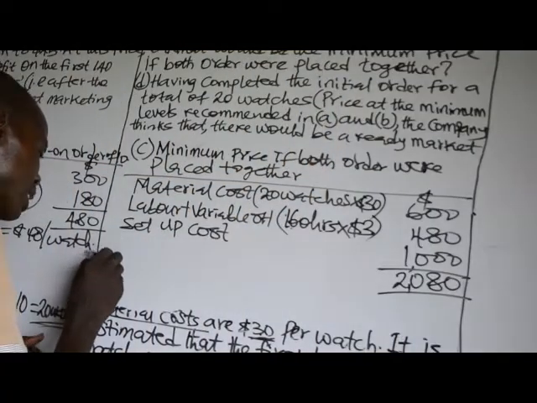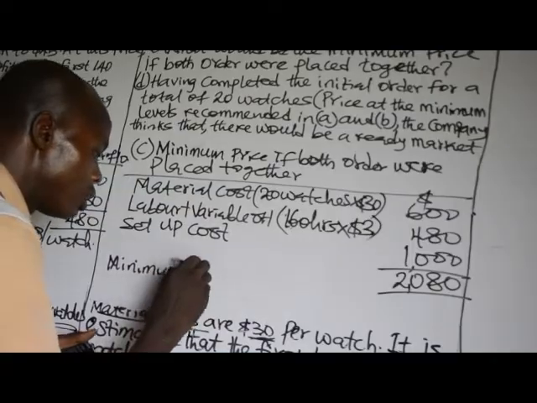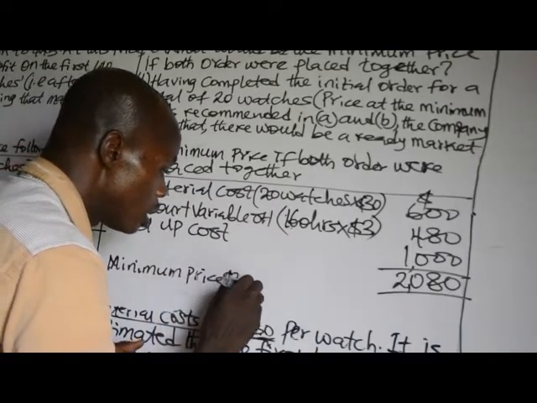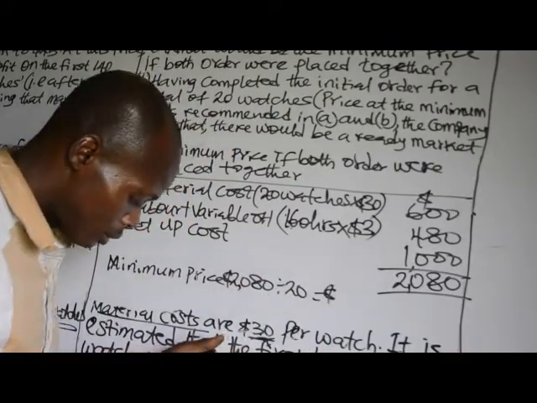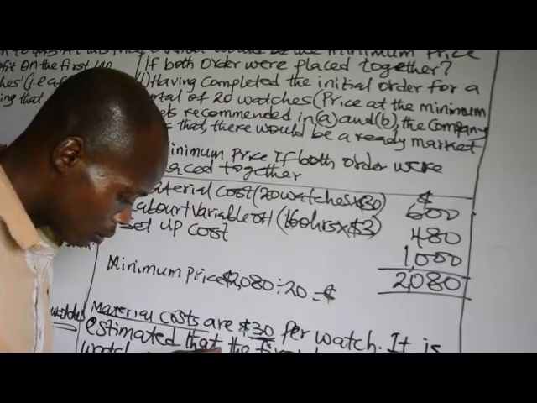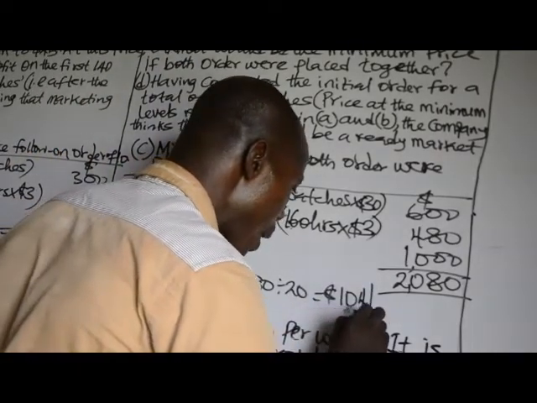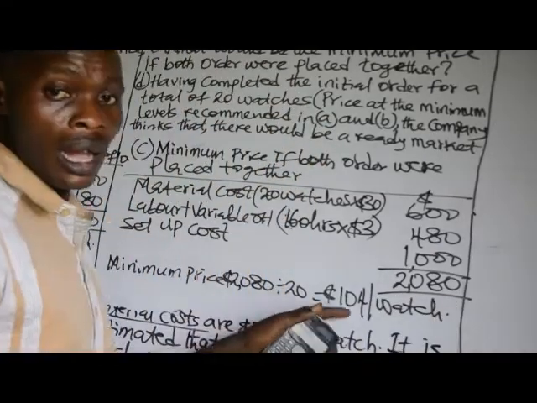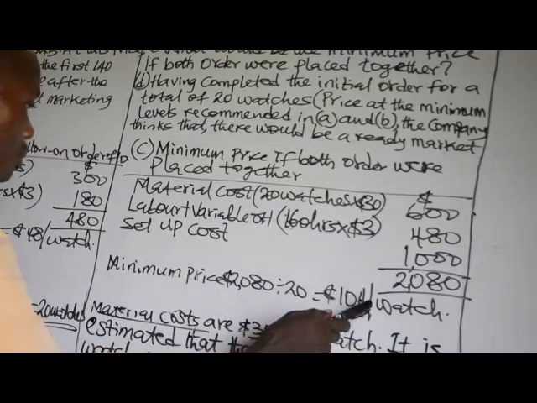So the minimum price will be 2,080 divided by 20, and that will give us $104 per wash.